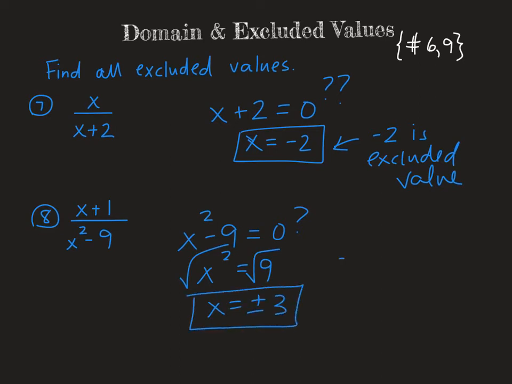So our excluded values are -3 and 3, because they make the denominator 0, and therefore they need to be excluded from the domain. Again, we wouldn't say -1 is an excluded value because it makes the numerator 0. The numerator being 0 is completely fine. The denominator being 0 is not okay.